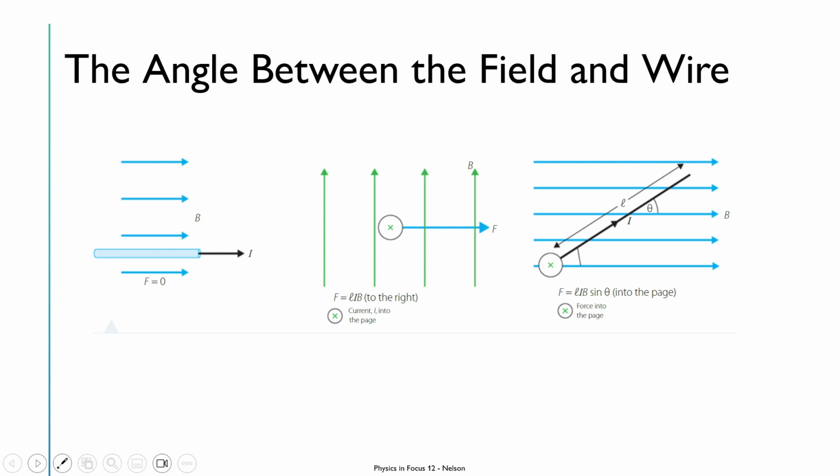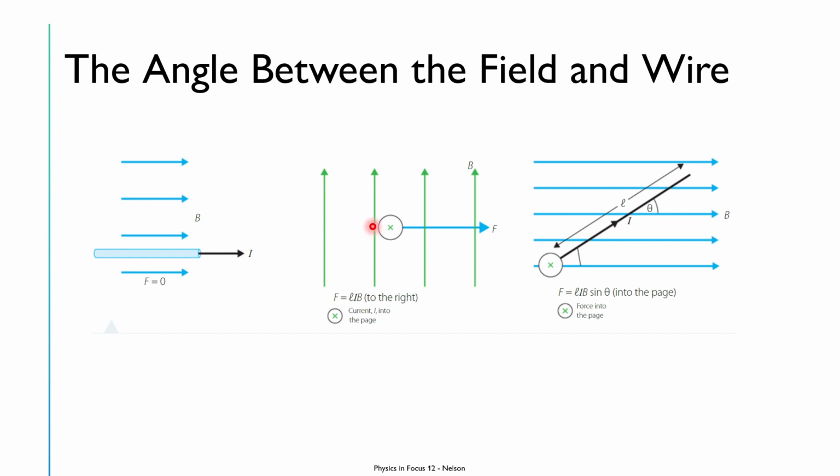Similarly to when we looked at charged particles moving through fields, the angle between the field and the wire in this case is just as important as it was in questions previous. So in instances where the current is parallel to the magnetic field, a force of 0 will be experienced by the wire.